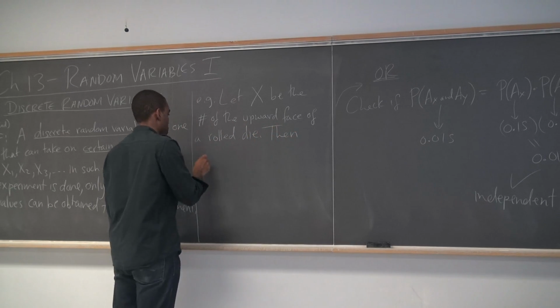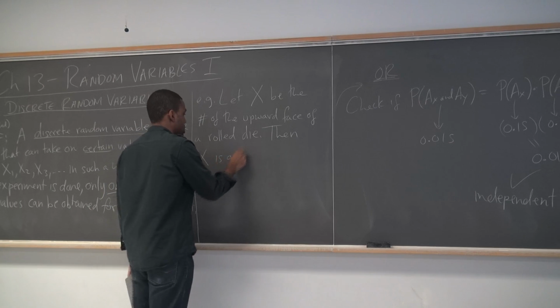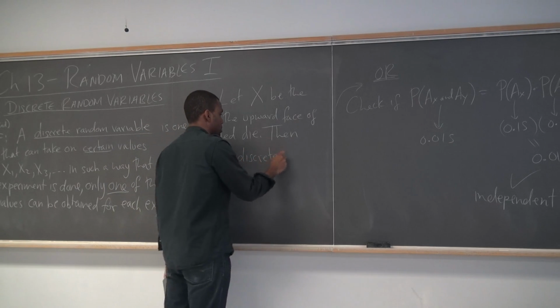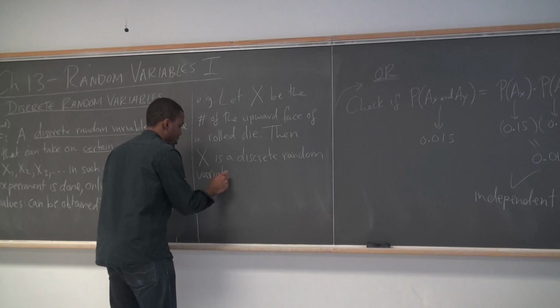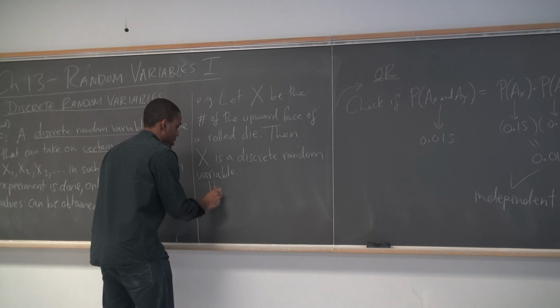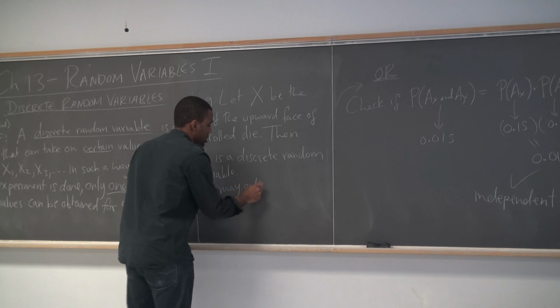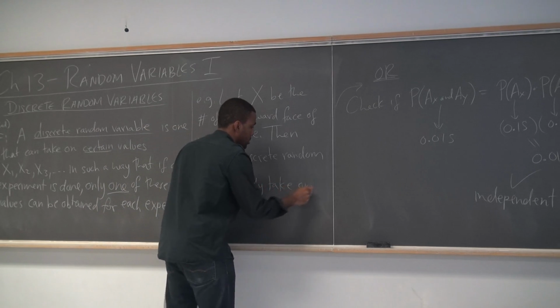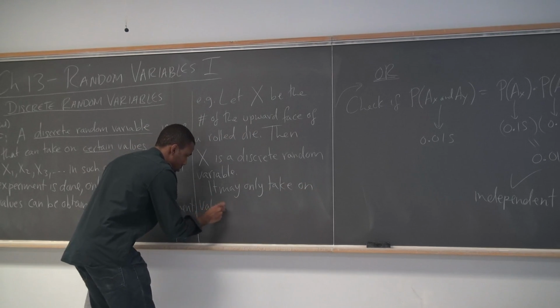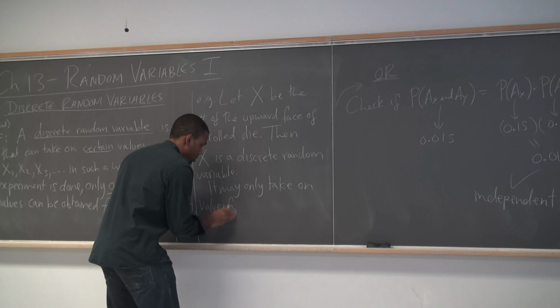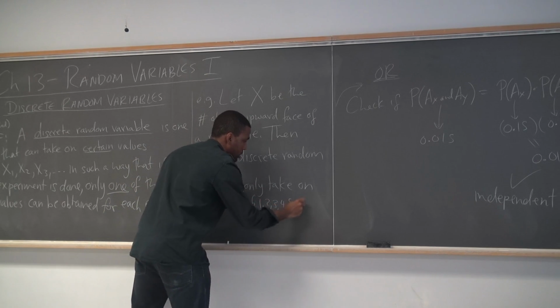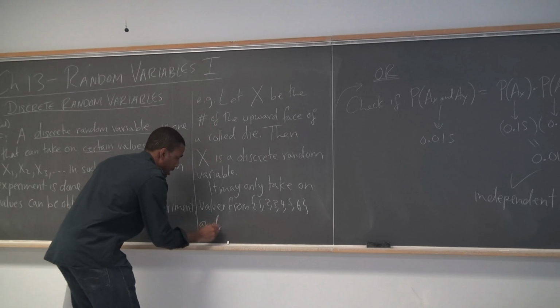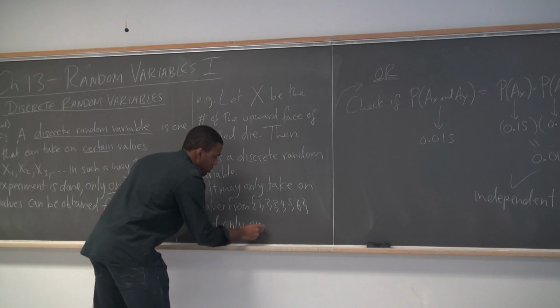Then x is a discrete random variable. It may only take on values from the set 1, 2, 3, 4, 5, 6, and only one of these values for each roll.